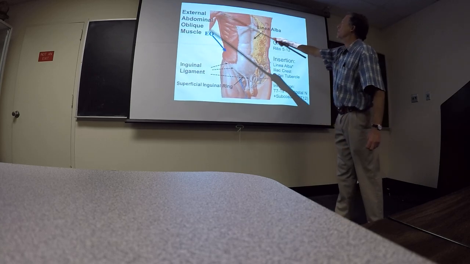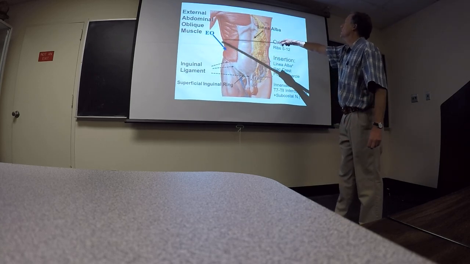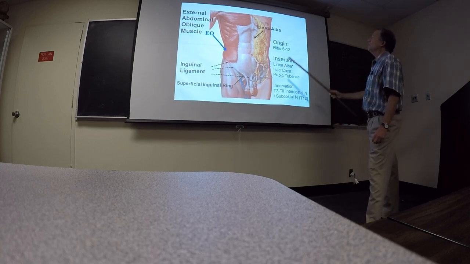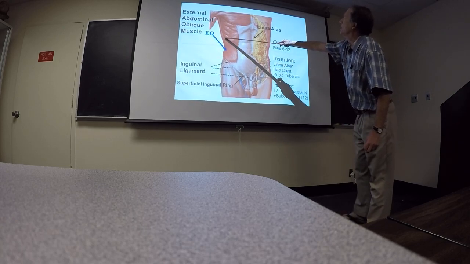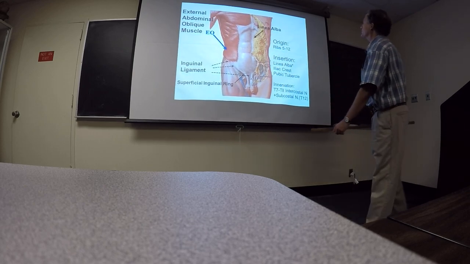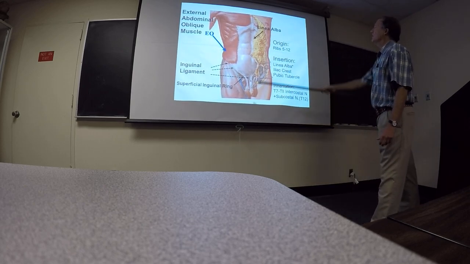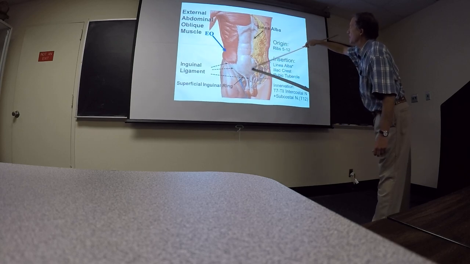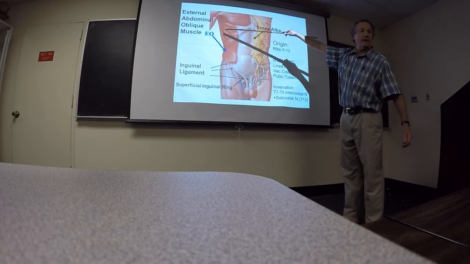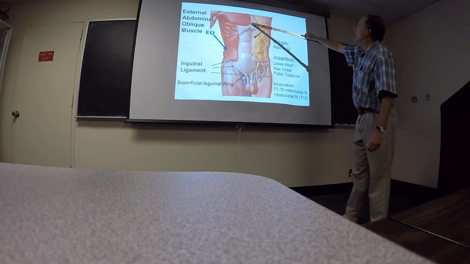So the external abdominal oblique originates way back up here from ribs 5 through 12, and you can see it actually interdigitating with parts of serratus anterior. It inserts in different places depending upon where it is. The uppermost part inserts on this linea alba.